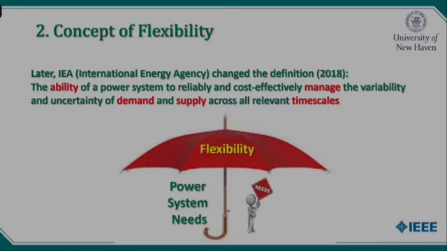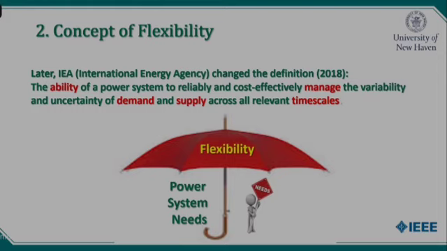Later, you can see in 2018, IEA again changed this definition and presented this one. IEA said that flexibility is the ability of a power system to reliably and cost effectively manage the variability and uncertainty of demand and supply across all relevant timescales.